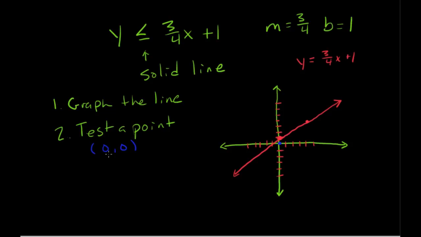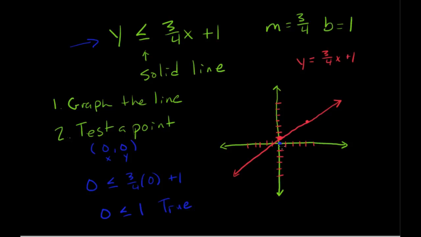So I'm going to put 0 for x and 0 for y. Remember, these are ordered pairs. In the original inequality, I plug in the point 0, 0. I put 0 for y is less than or equal to 3/4 times 0 plus 1. If I simplify this, I get 0 is less than or equal to 1, and that's true.